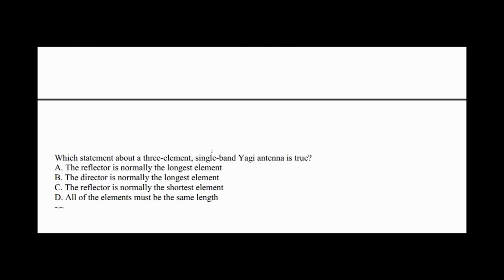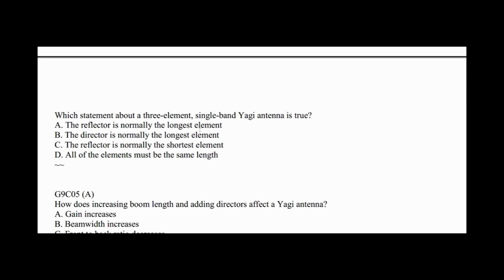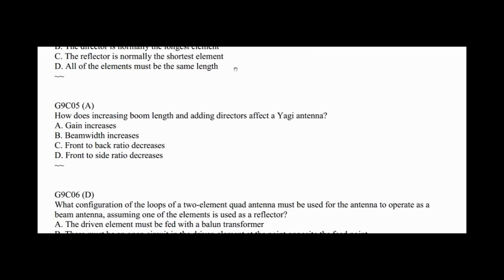Which statement about a 3-element single-band Yagi is true? The reflector is normally the longest element. So in a 3-element Yagi, the reflector is the longest, the director is the shortest, and the driven element is typically in the middle. There are exceptions to that rule.